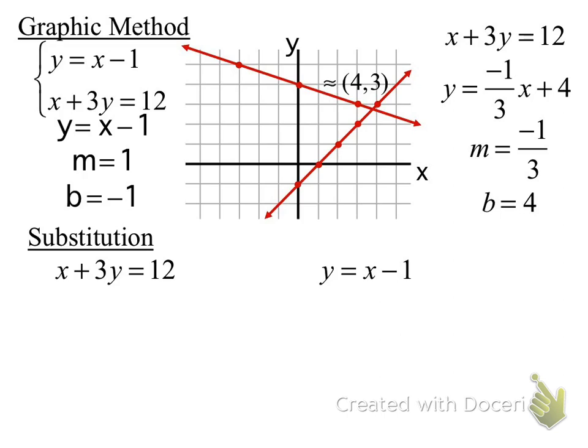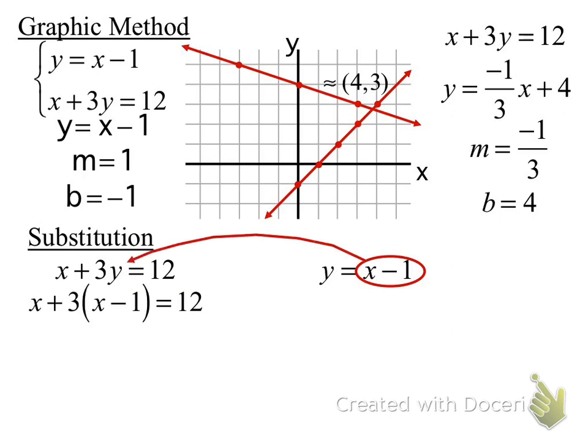can't we substitute x minus 1 for the y? I'm going to substitute x minus 1 in for that y, and then I distribute. x plus 3x minus 3 equals 12. That makes 4x minus 3 equals 12.